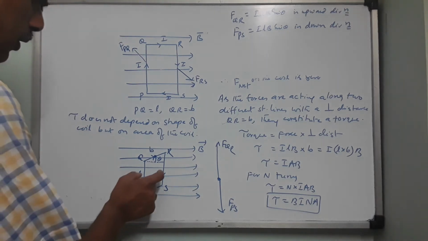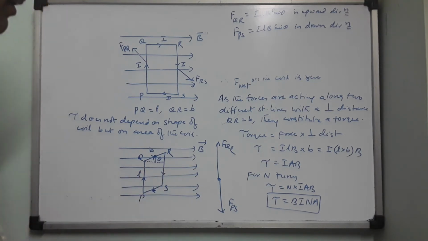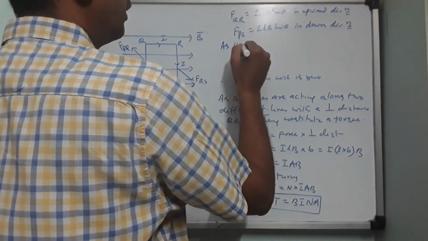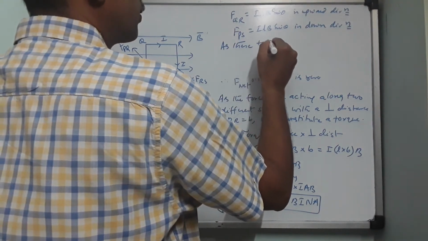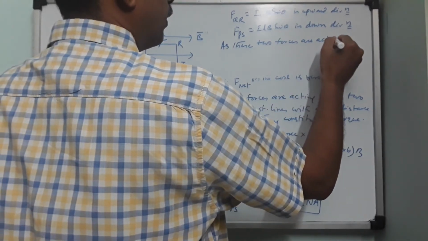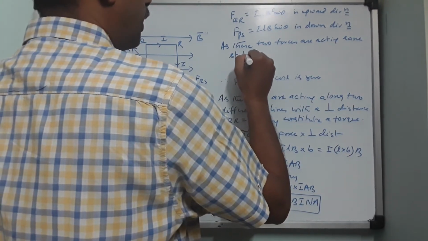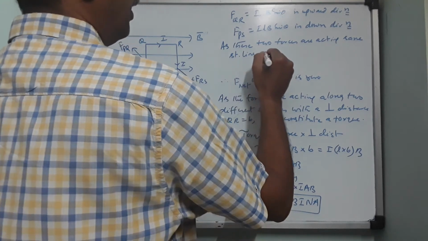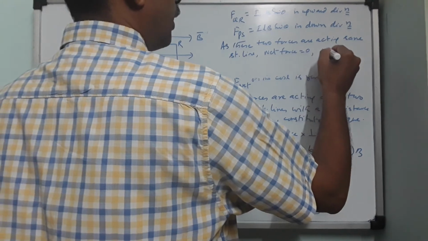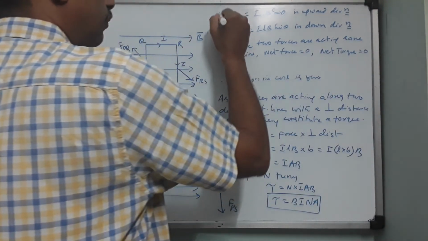Only these two sides will contribute to the torque. Now, as these two forces are acting along the same straight line, the net force is 0, and the net torque is also 0 because of this.